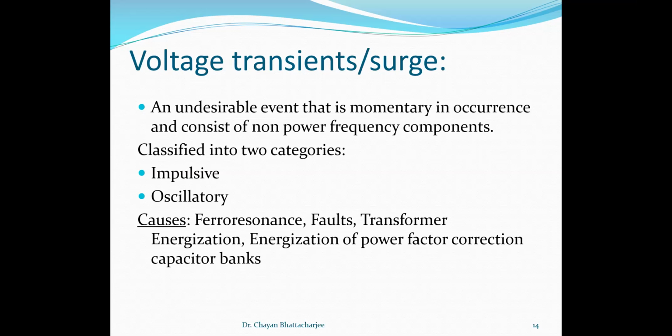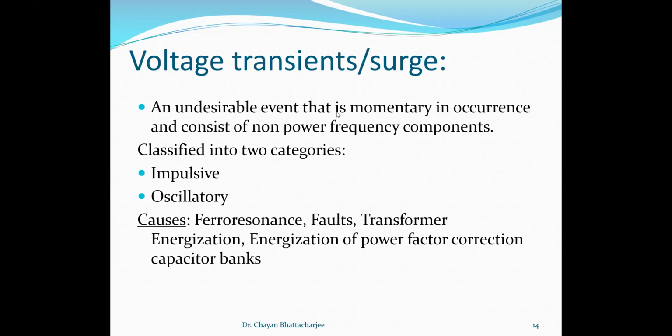So the transformer reactance, the line reactance, and the capacitance of the UG lines will interact and cause a resonance. As you know from your concept, for resonance we require both inductors and capacitors in the line, either in series or in parallel. Both can result in resonance.